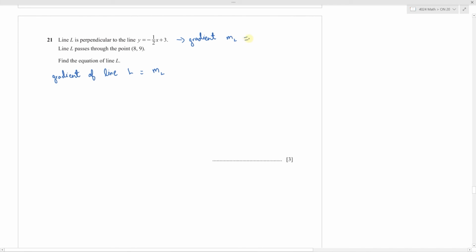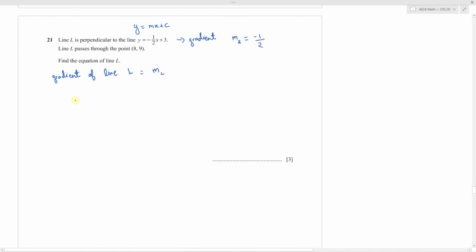And we know that M2 is equal to -1/2, because if you're given the equation y equals mx plus c, your gradient m is the coefficient of x, which is -1/2, and your c here is the y-intercept. So your gradient for this line is -1/2.